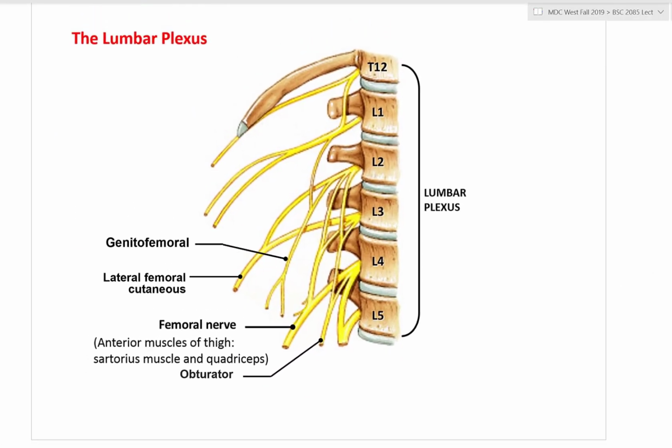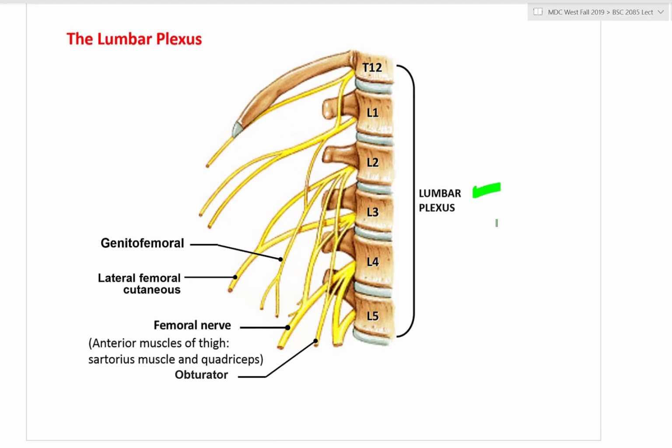Now the lumbar plexus, what are the main ones that come from it? So the lumbar plexus is from T12 to L5, and you have your genitofemoral. What is that going to? Genitofemoral. It goes to your genital area and to your femur. The other one that we have is lateral femoral cutaneous.